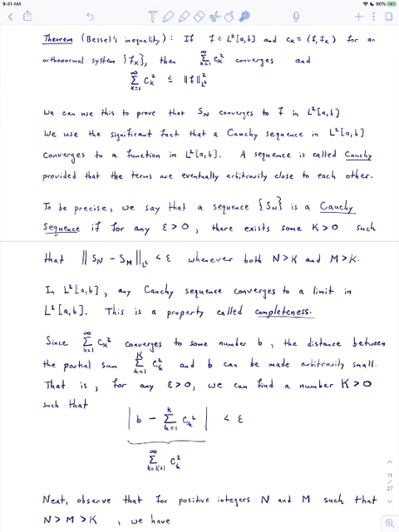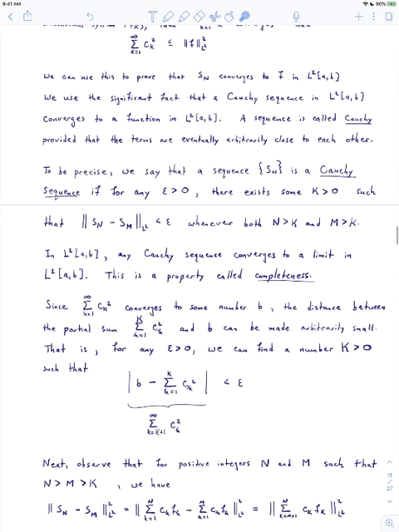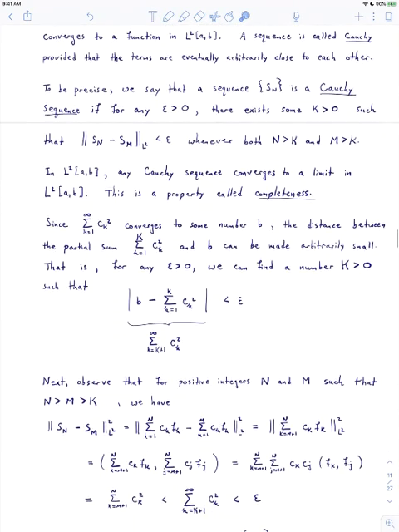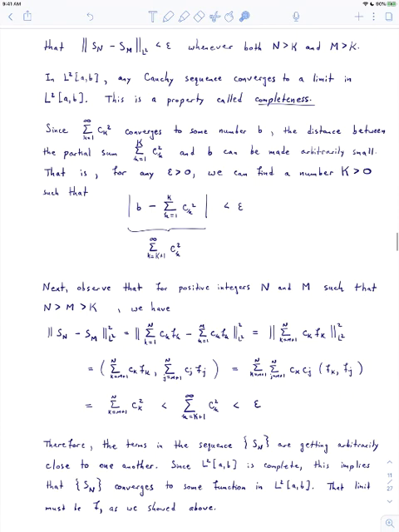Okay, so observe that for any n and m bigger than K, say n bigger than m bigger than K, we can actually compute this difference of these partial sums. So that's the partial sum to n minus the partial sum to m, and we're looking at the L2 norm squared.